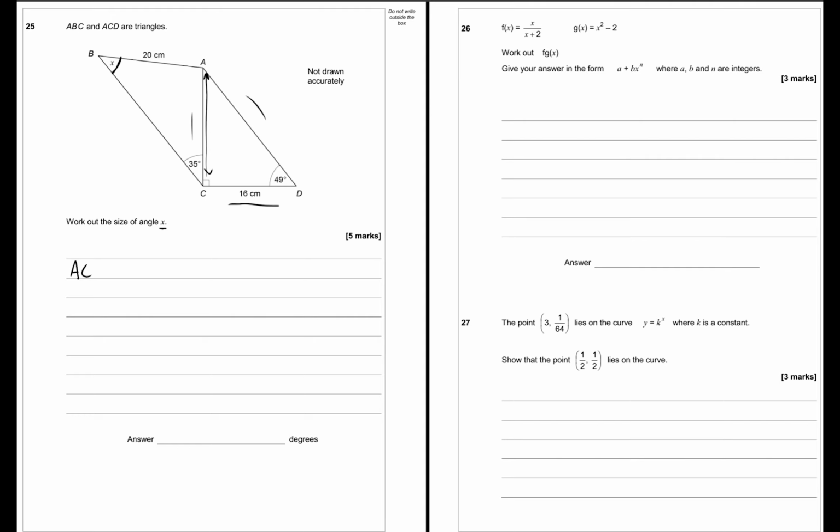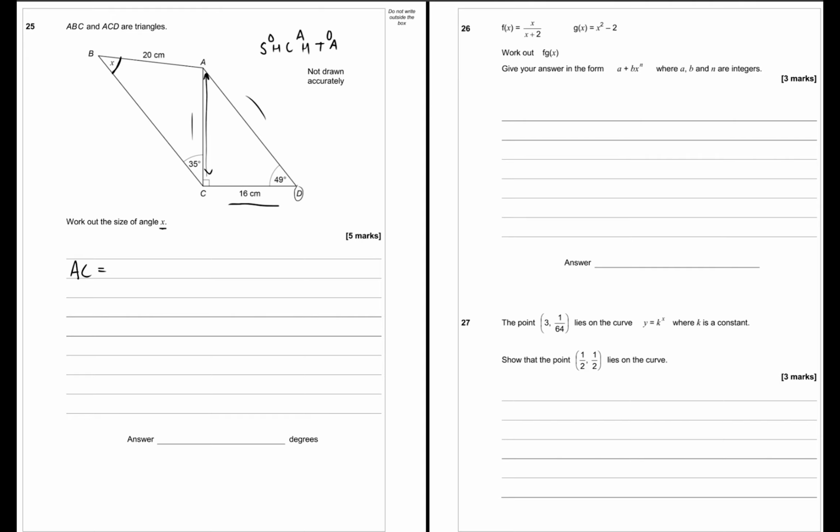Okay, so let's recall our trig knowledge. So we know the phrase SOH CAH TOA, where we're talking about sine, cos, and tangent. Okay, so what do we know? We want to find AC, which is, what is the relationship between that and D?